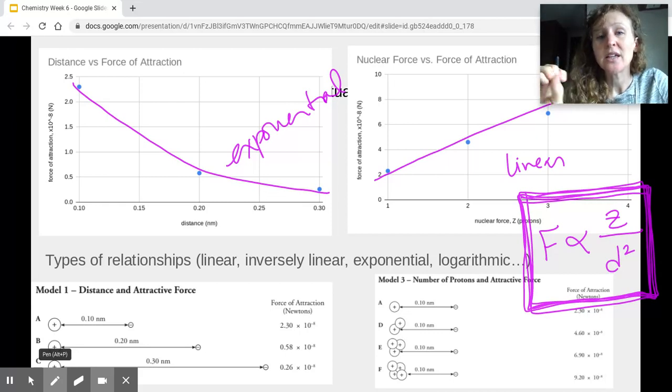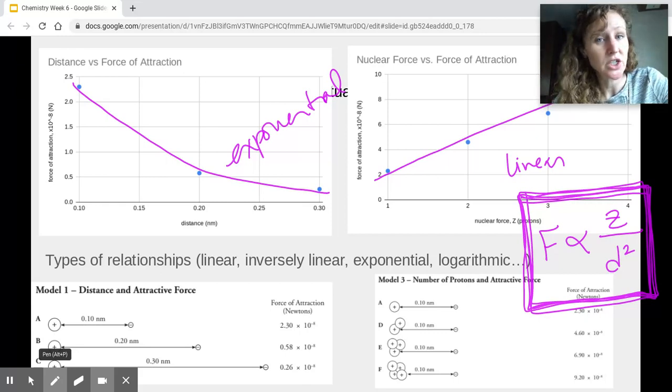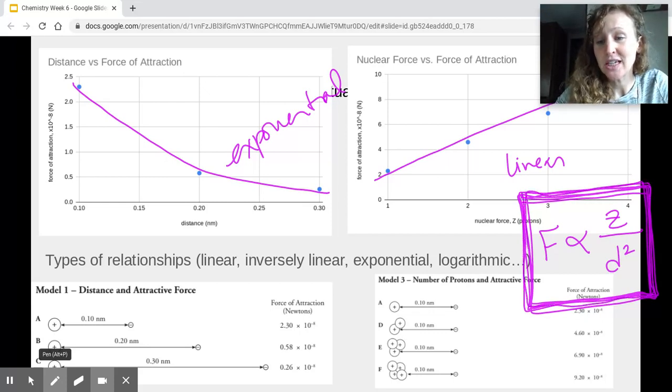And then we can evaluate the type of relationship we're looking at. Is it a linear relationship? Is it an exponential relationship? There are other types of relationships out there, but we're going to stick to these two basic relationships this year. So we have a pretty good equation here, and this is what we call Coulomb's law.